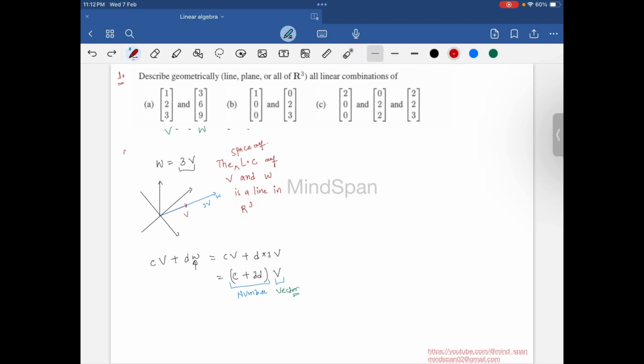So this is A. Now let's look at this B, right? Again we will have, so can you find any relation between, let me call this vector v and w?